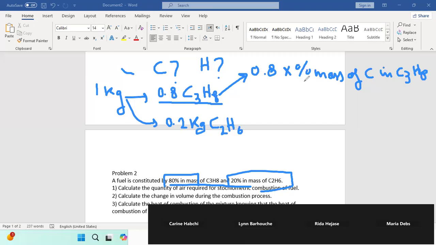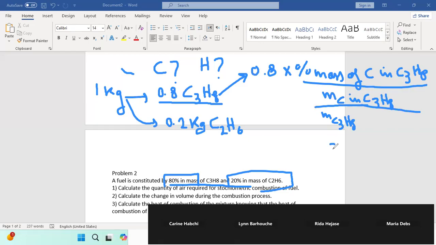Now to get the percentage of mass of C in C3H8, it's very simple. It's the mass of C present over the mass of C3H8. To find this ratio, all I have to do is consider one molecule of C3H8, because whatever the quantity, the percentage is the same. What will be the mass of carbon in this molecule?